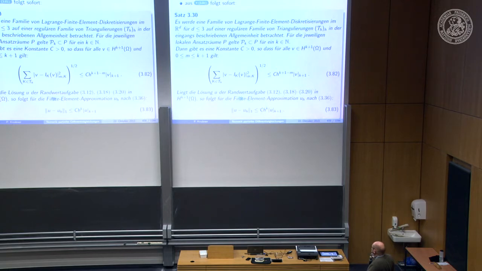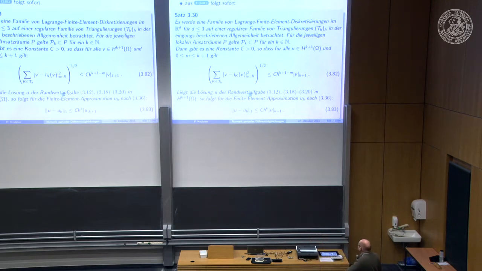And the assertion is there is a constant c, which may be computed in some cases. In general, it is a generic constant, but independent of u and independent of h in particular, depending on everything else which determines the problem: the domain, the coefficients, whatsoever.